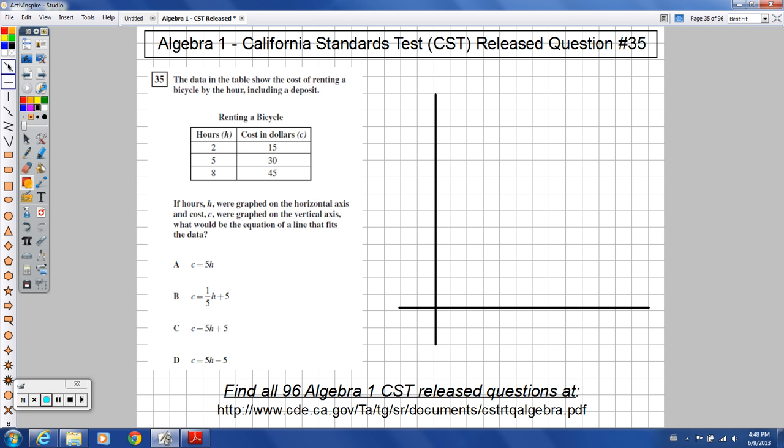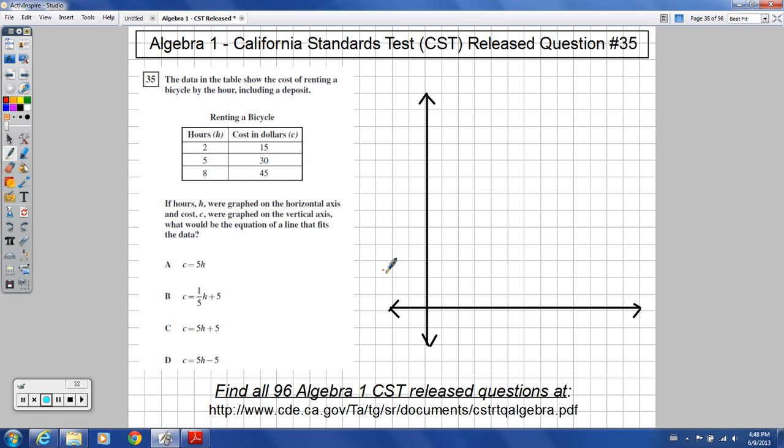So this will be my y-axis, this one my x-axis, and for 2 hours, $15, this way will be my hours, my h-axis will be my x-axis, and my cost in dollars right here will be the c-axis. The y-axis is getting replaced by the C value here. So this is 0, 0, the origin right there.